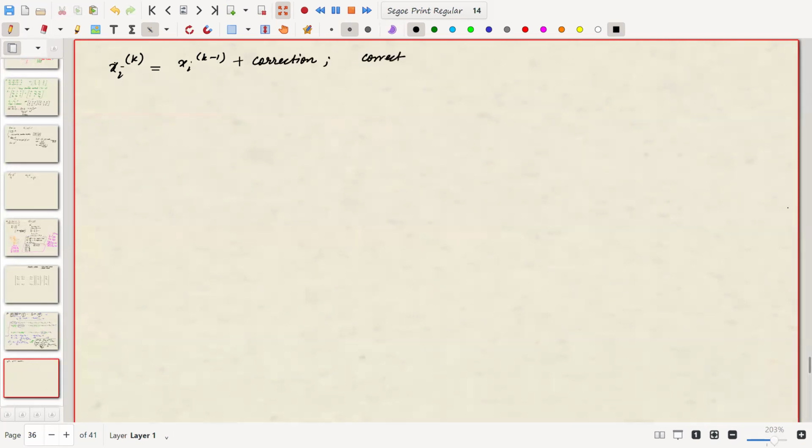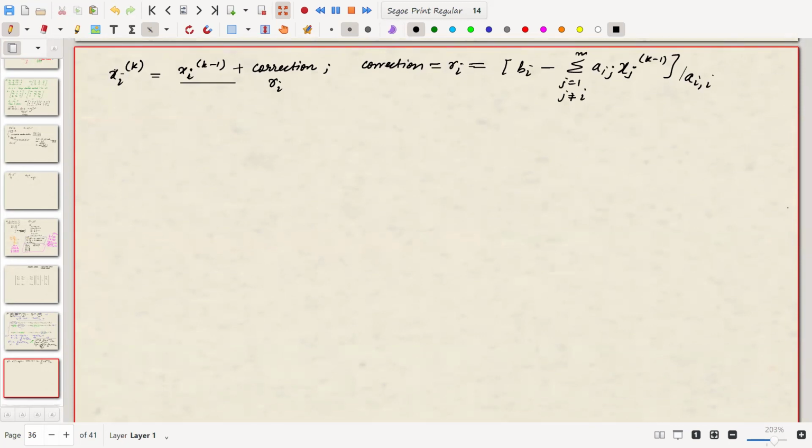Here the correction we usually write as R_i, that is residual, and that R_i is equal to just the same which you have written down: b_i minus summation a_ij x_j at k minus 1th, divided by a_ii, j running from 1 to n, j not equal to i, because we already took the ith term outside.